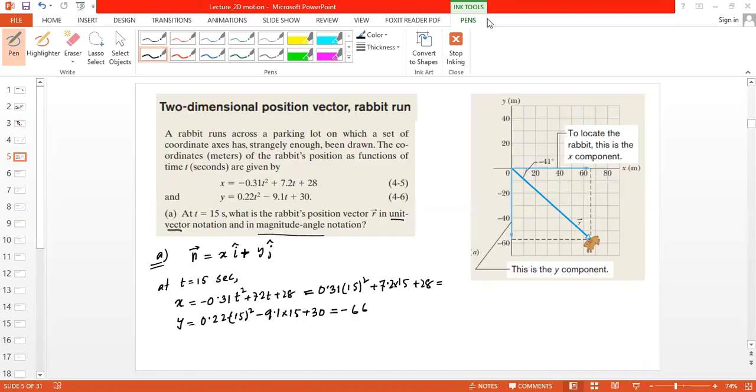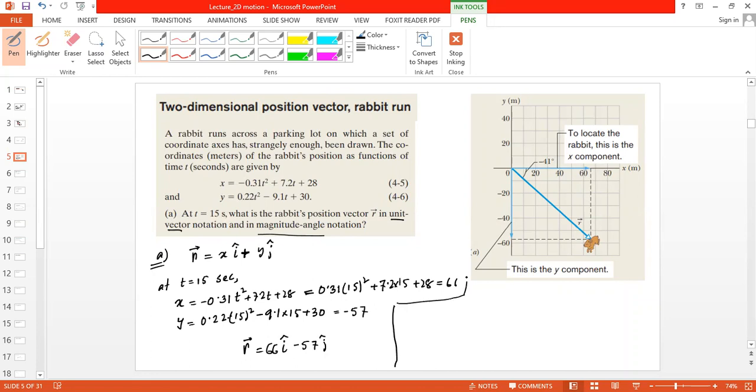So these are the x and y coordinates. I have to substitute the values of x and y here, and this will give me r equal to 66i minus 57j. So this is the position of the rabbit in unit vector notation.